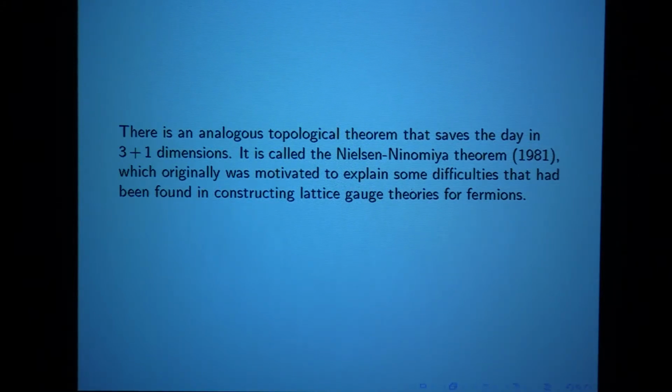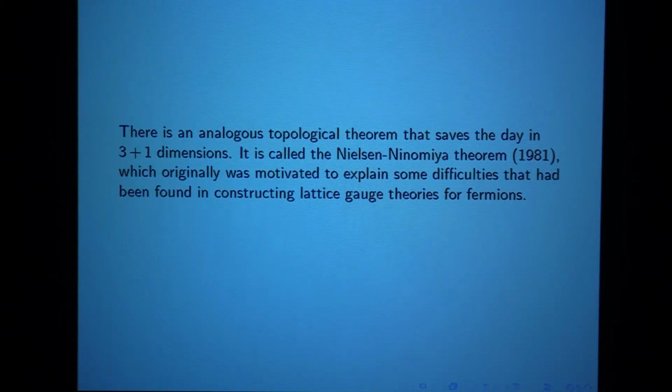This is the Nielsen-Ninomiya theorem, which originally was motivated to explain difficulties that had been found in constructing certain lattice gauge theories for fermions. So people were constructing lattice gauge theories for fermions to simulate the standard model on a computer, and some of the things you wanted were hard to construct.